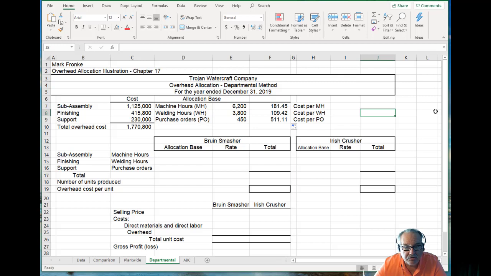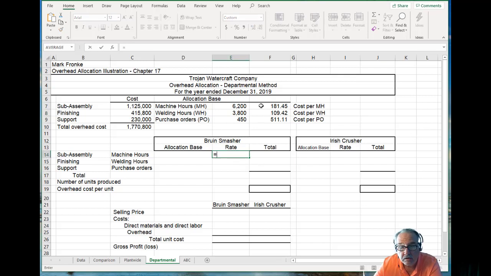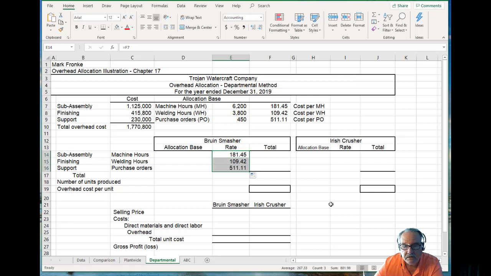And now, using that, I can link up, and again, I'm going to use pennies, and I can link up to my rate for both of my products, and then do the calculations.